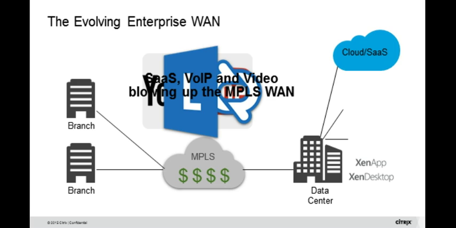That's been the traditional model for many enterprises and still often is used. But along come a number of apps such as Microsoft Lync, which begins to introduce more traffic over the MPLS network as it replaces telephony within the enterprise or video conferencing within the enterprise.